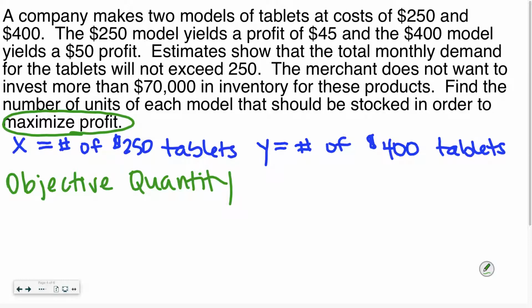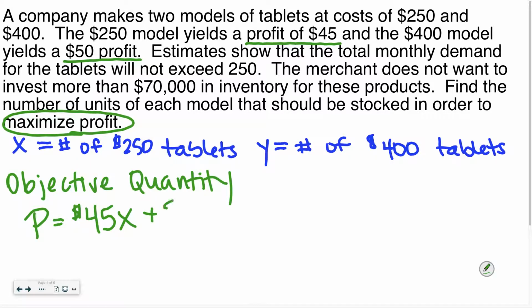How much profit does the $250 model give us? Okay, the $250 model yields a profit of 45. So our objective quantity, I'm going to write P for profit. We get $45 for every X tablet we sell. And the $400 model yields a profit of $50.